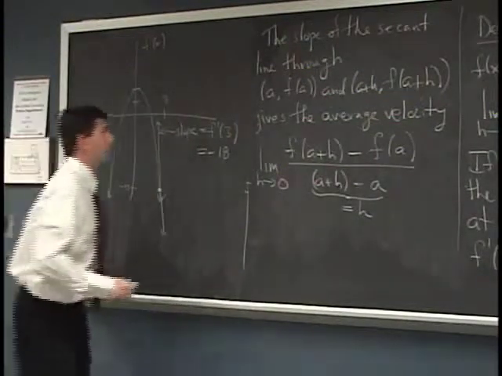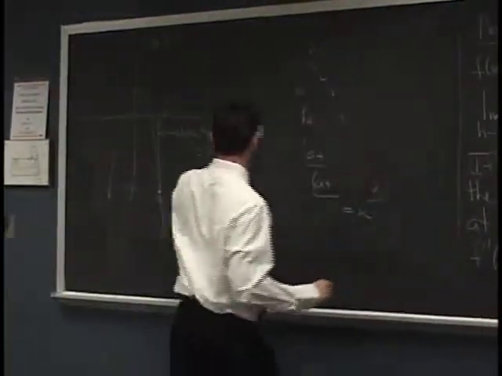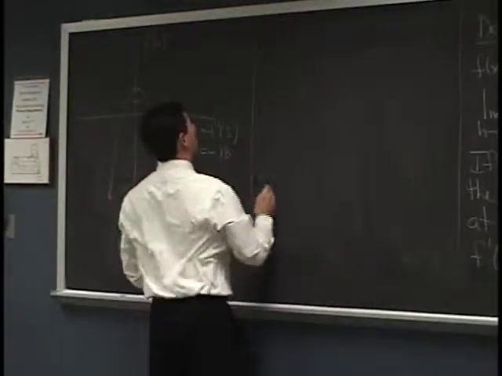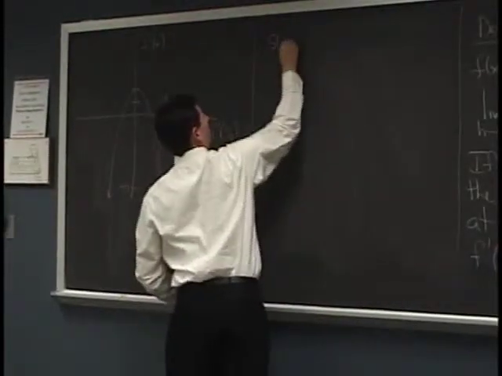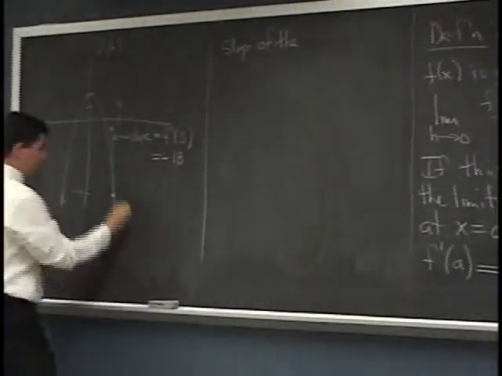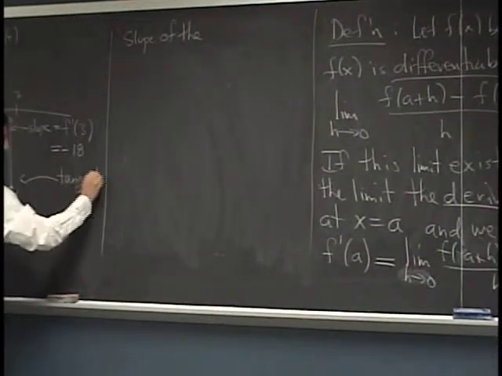Let's take it one step further. By the way, this line here is called, as opposed to the secant line, the tangent line.